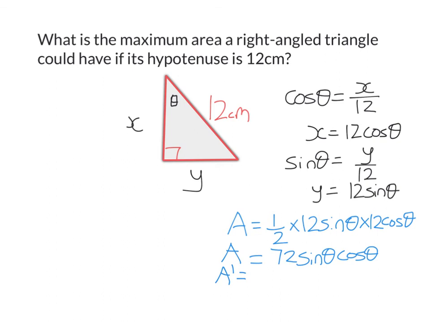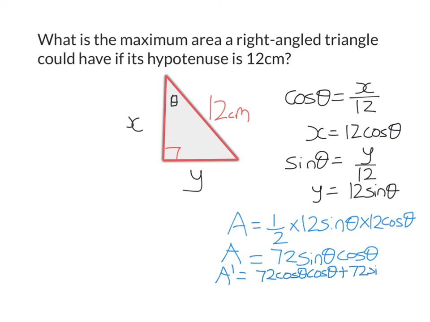To differentiate this, I'm going to use the product rule. I have my first function, 72 sine theta, and second function, I'll just use cos theta. So we'll go derivative of the first, so the derivative of sine theta is cos theta, so 72 cos theta, times the second, plus the first times the derivative of the second.